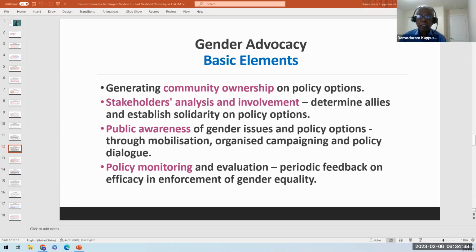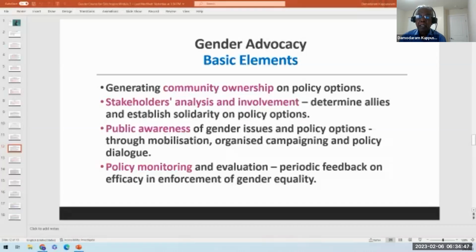Therefore, the role of civil society and NGOs is important, because the state by and large is used to denying the facts on the ground. And they would say that all policies are good and their implementation is perfect.